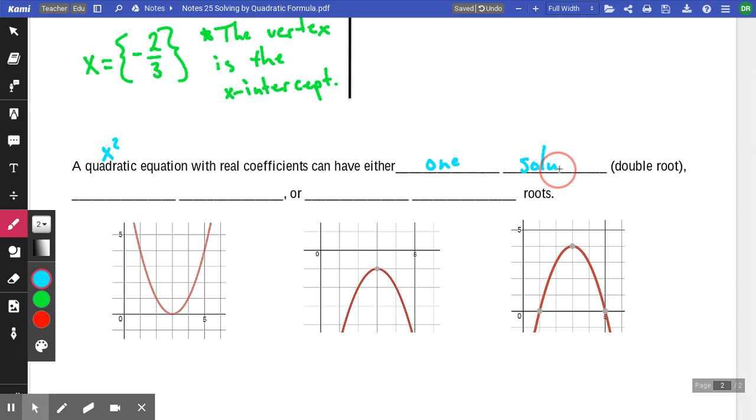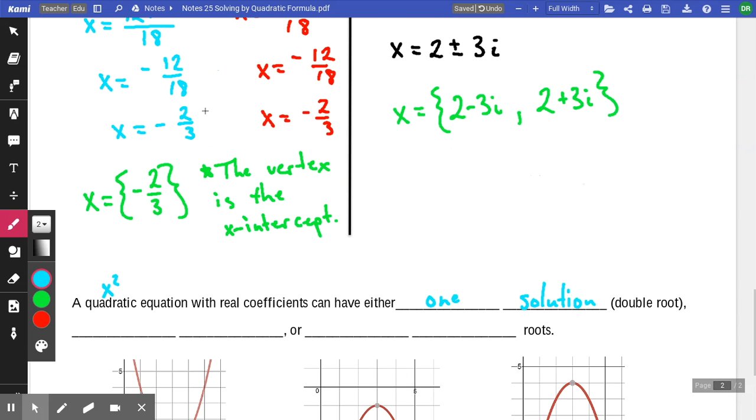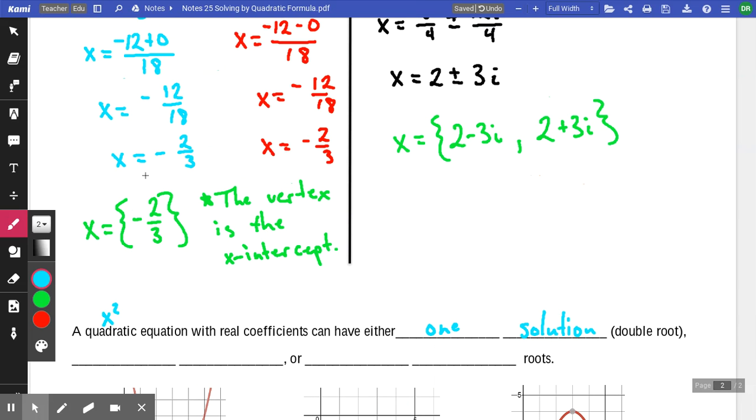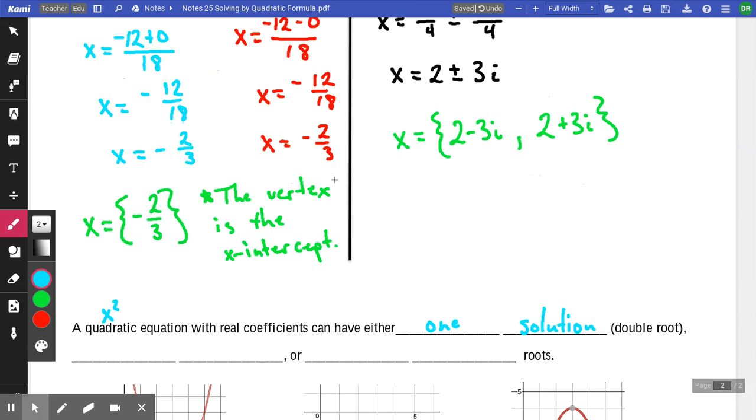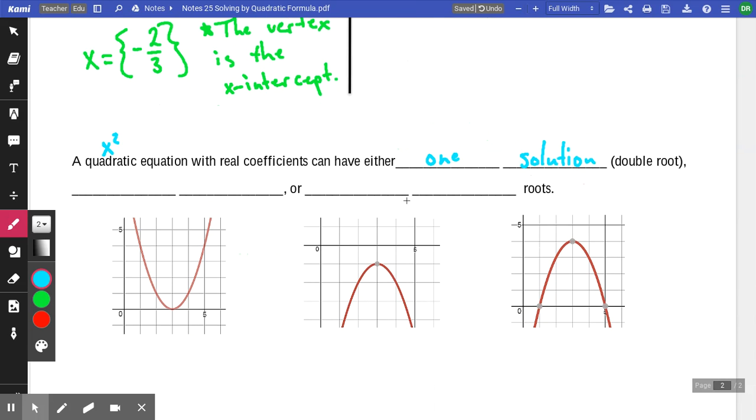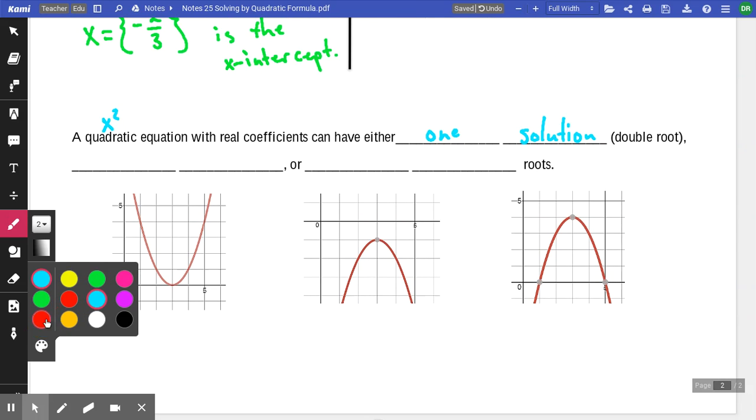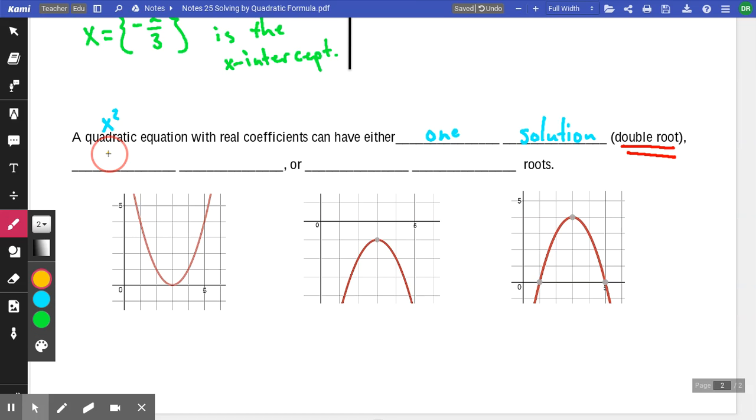When you just have one solution, but you know you're supposed to have two, that happens right here in number 3 when you have the same solution twice. And so when we get that same solution twice, we call it a double root. And that's what you see right here. So a double root describes when you have two of the same value for your solution. Okay, so we could have one solution. We could have two solutions.